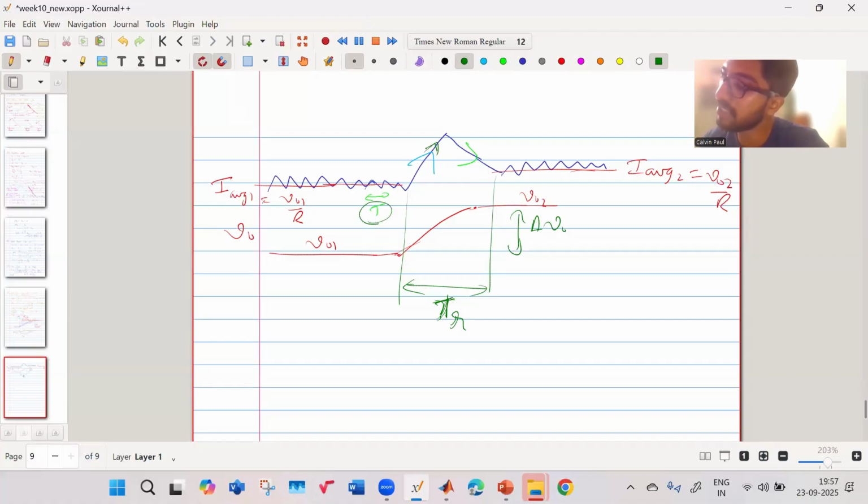what you are doing is pumping in charge, right? And here, the charge which flows into your capacitor should be more than the charge which is discharged from your capacitor, right? Then there will be a voltage increase, a step voltage increase.